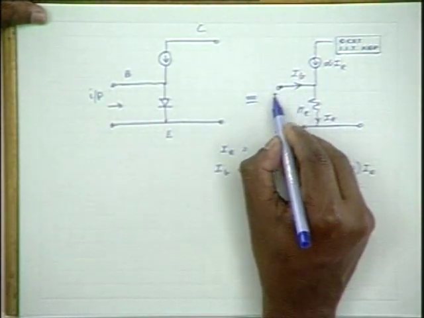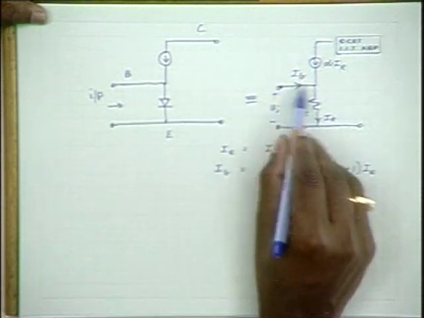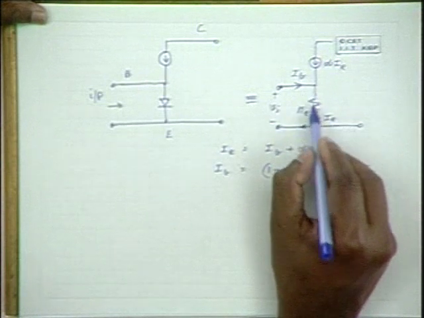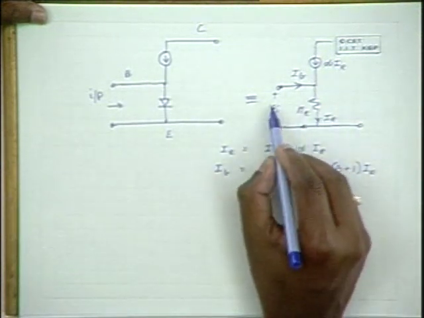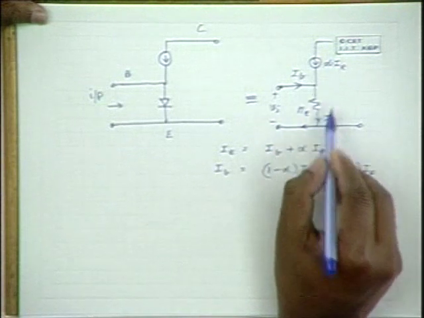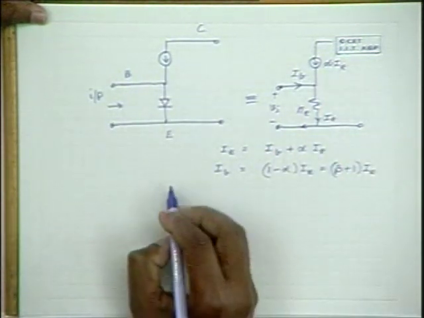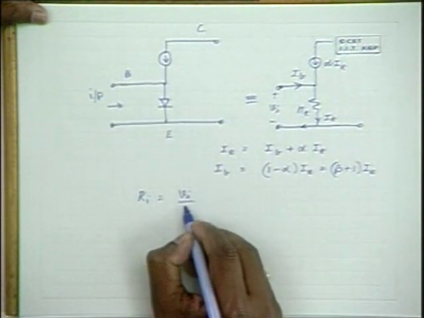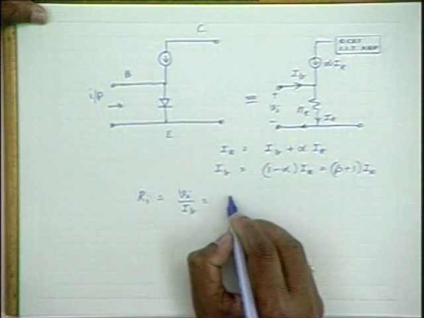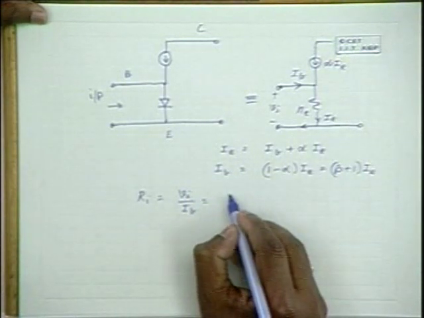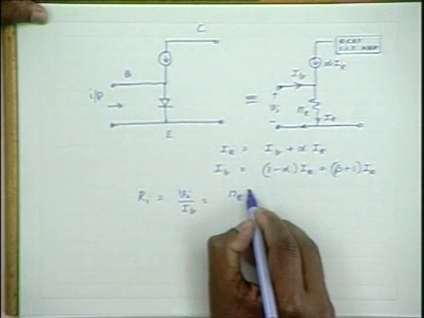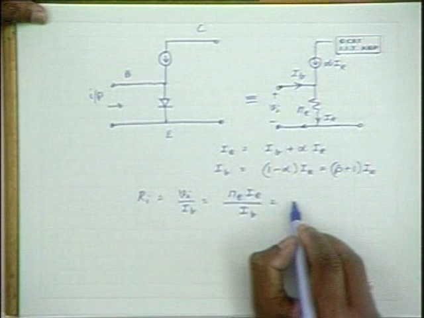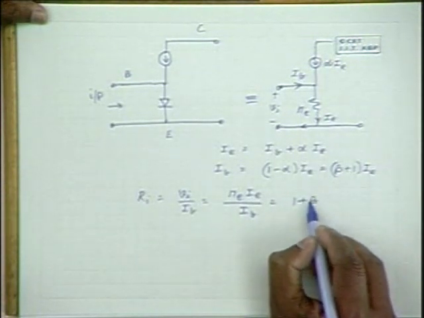Now when an input voltage of Vi is applied, Vi is equal to IE times Re. So Vi by IB is Re into 1 plus beta. Therefore, Vi is, I repeat, Re into IE by IB.